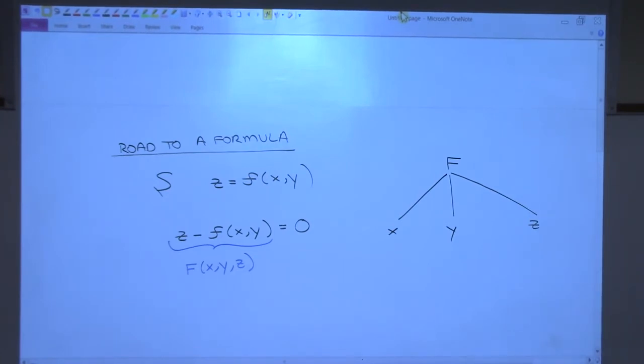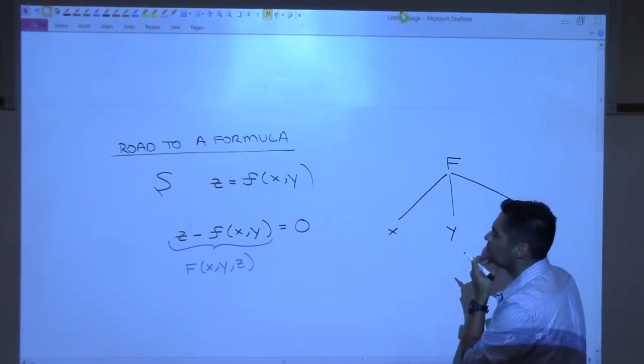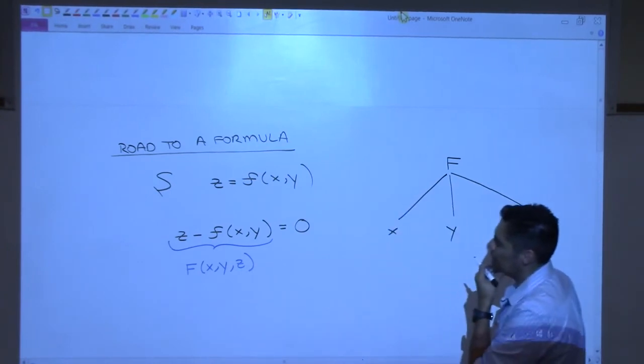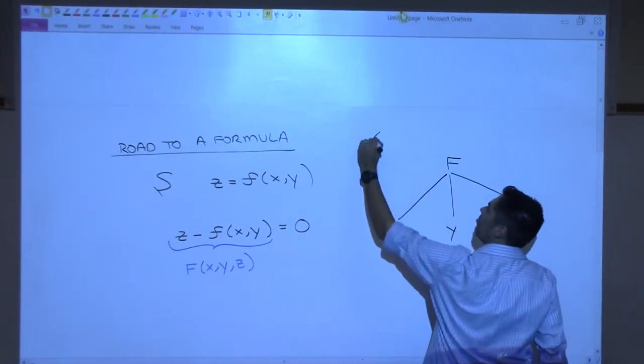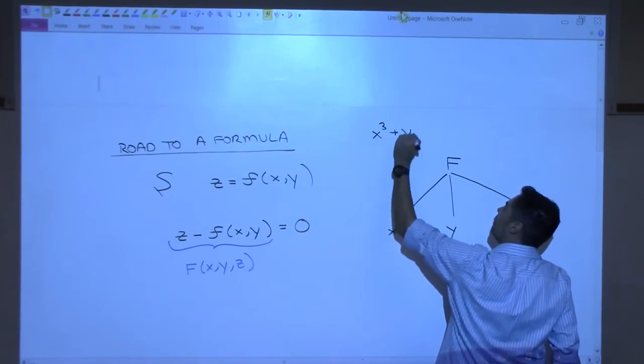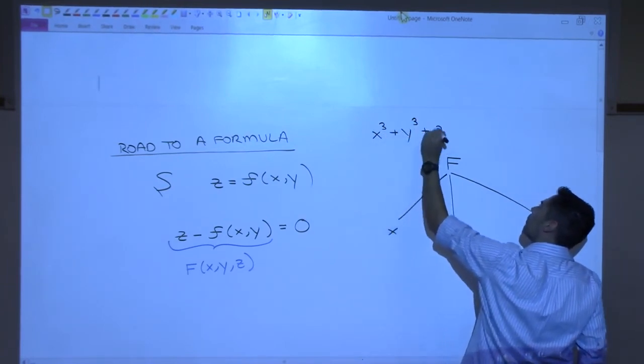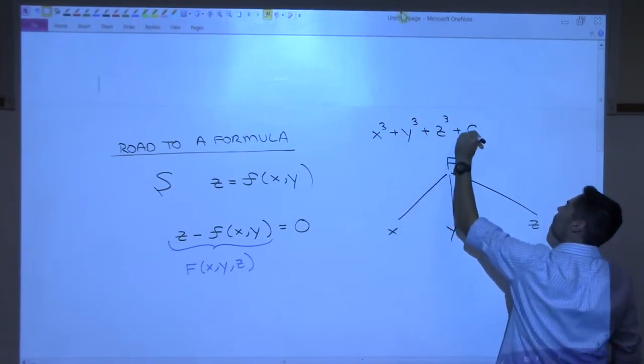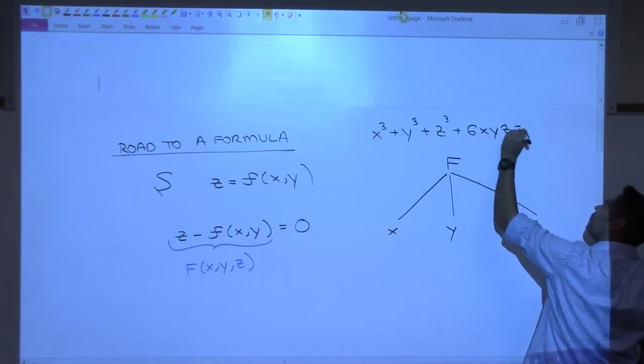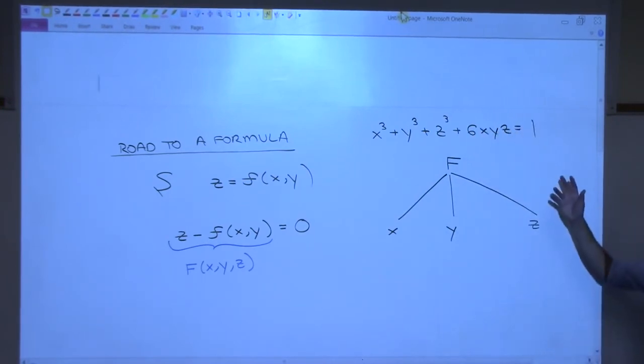Okay, now this is the part that's tricky. Remember the idea here. How can I do this? Let me get the problem that was the goal up here. Remember this was our goal? That was our goal, to be able to find the derivative there.